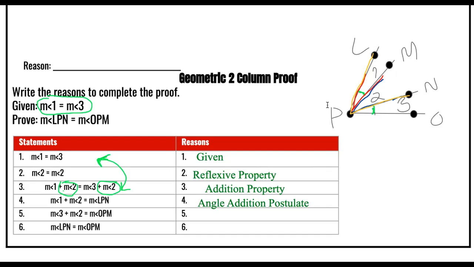Okay, so that was that. Let's look at statement 5 and see if it tells us anything else. It says measure of angle 3 plus measure of angle 2 equals OPM. In this case, we would use the figure again. Look, 3, 2, OPM. Let me highlight it to make it stick out too. I'll delete these other ones that we had before, just so we can make statement 5 a little bit more obvious.